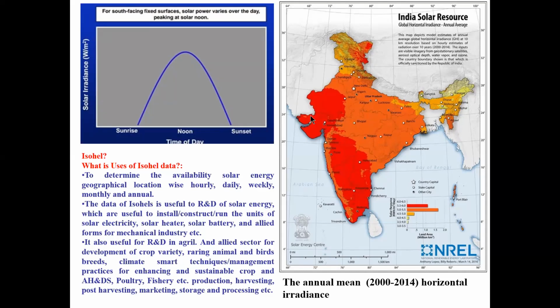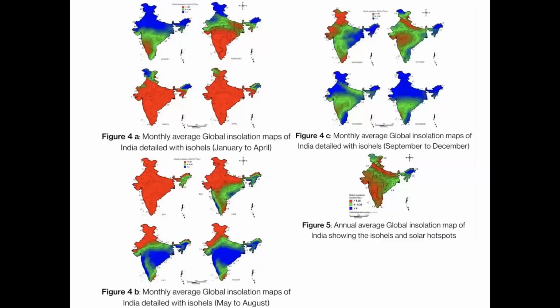For all these purposes the data is useful. So the solar radiation and the energy available through the different spectrums of solar radiation is useful in agriculture.